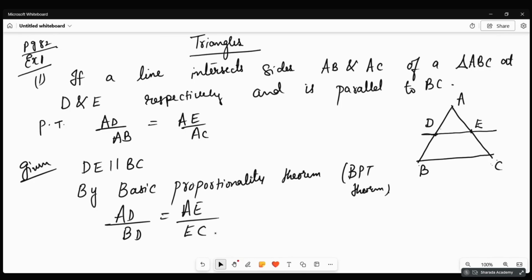Now, what we have to prove is AD by whole AB is equal to AE by whole AC.